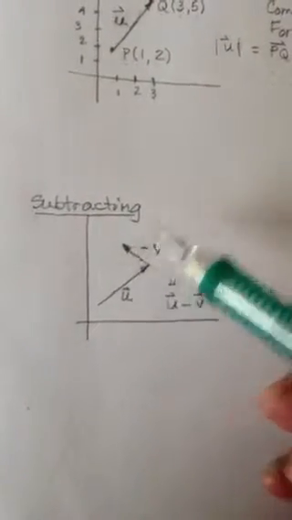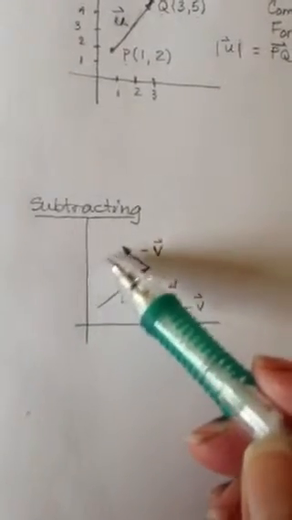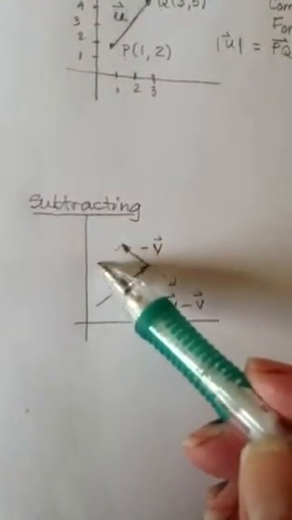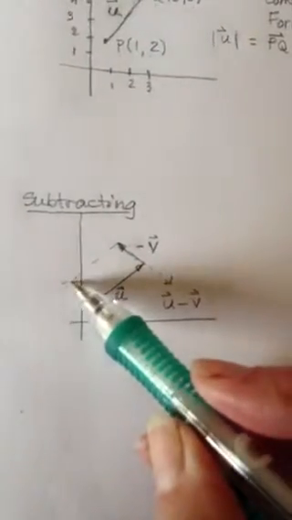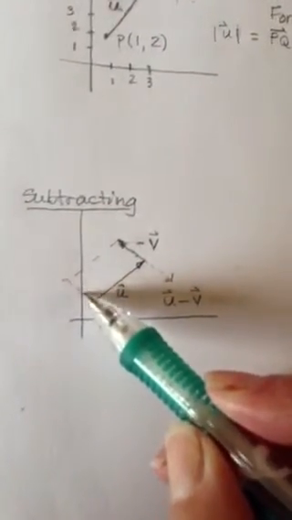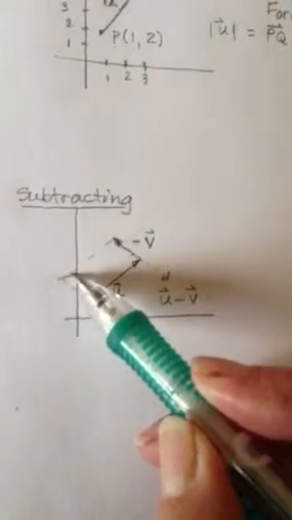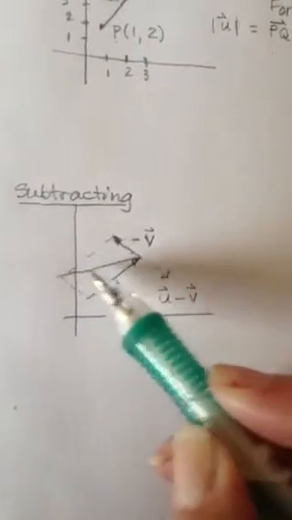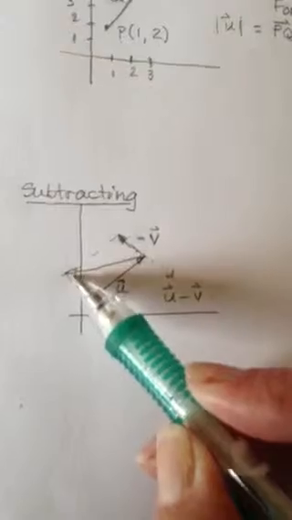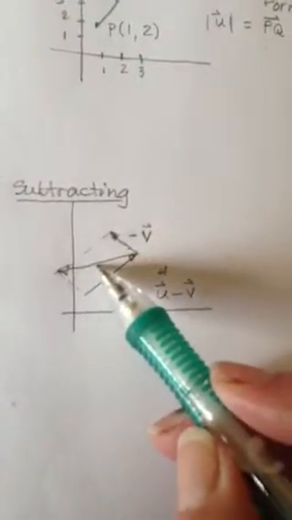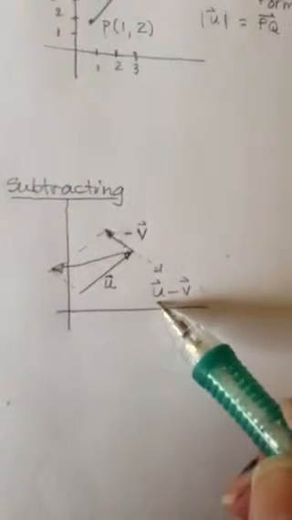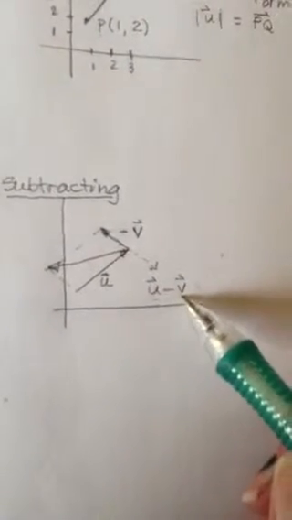Then you add those together by the parallelogram method, and that vector right there is going to be the sum, written as u minus v.